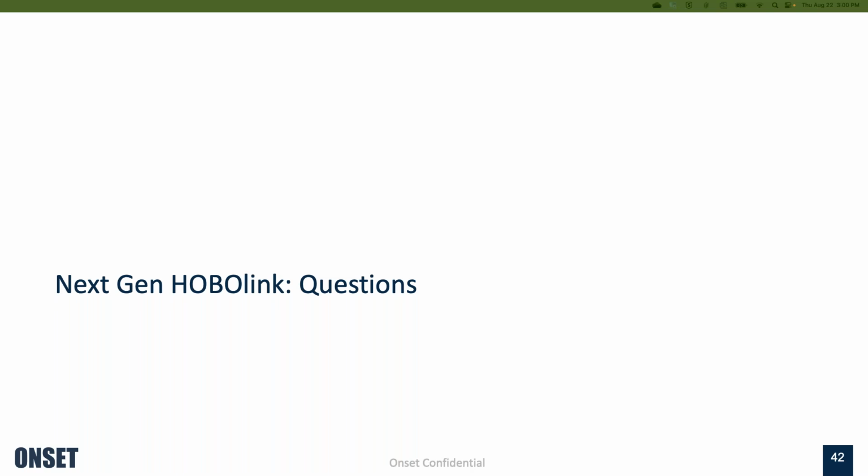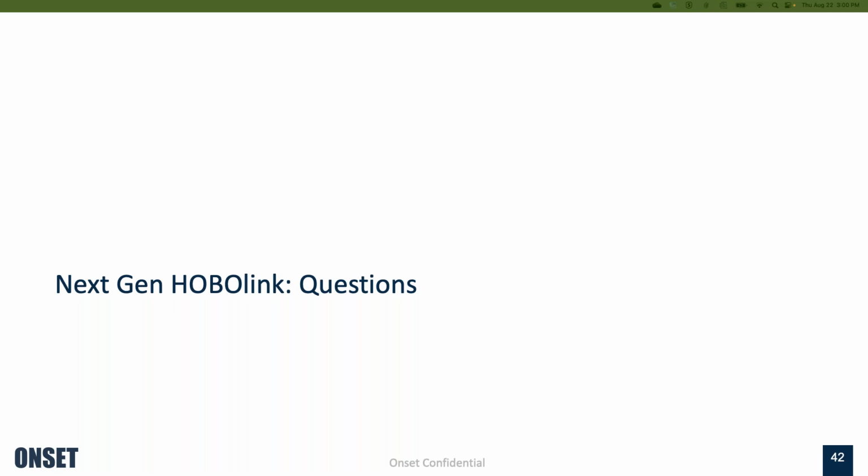But this will be really critical to make sure you have the right email address in HOBOlink pre-launch, because we are going to send all the emails about the migration process, and include that link to reset the password, to the email that is currently associated with your HOBOlink account. So great question here, because it is a good reminder to go in and check that and make sure it's a valid, up-to-date email address in your HOBOlink account.